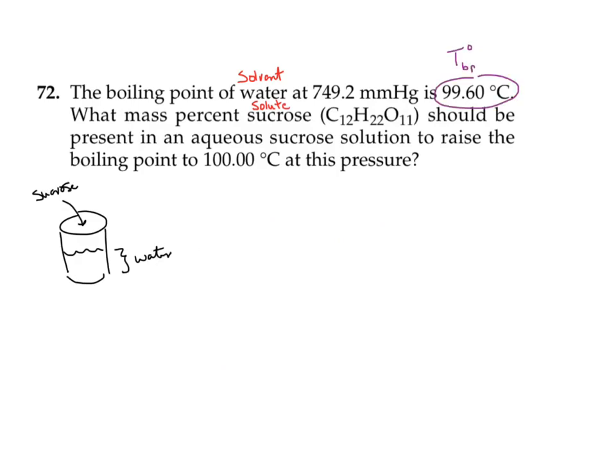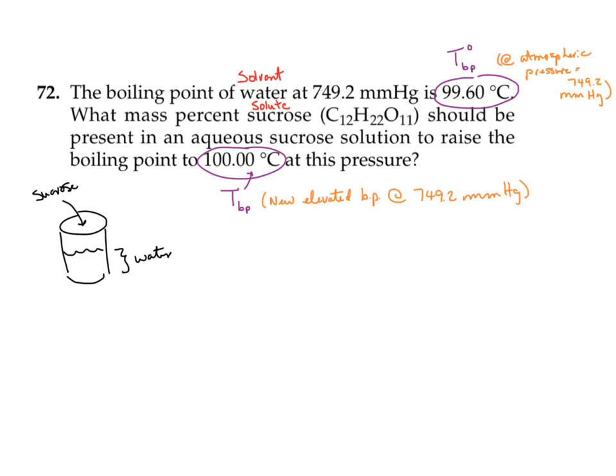Finally we have solvent is the water. In this case, they're sprinkling a little bit of sugar in there. That's going to be your solute. They say that not at 760 millimeters of mercury, but at a lower atmospheric pressure, 749.2 millimeters of mercury, which you won't use.